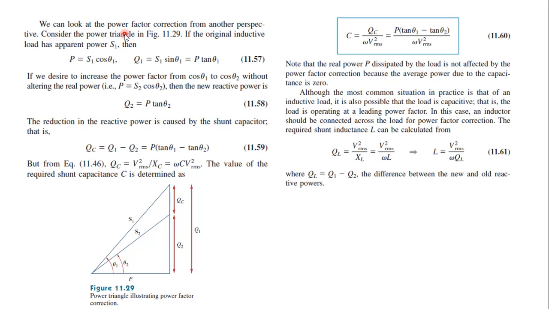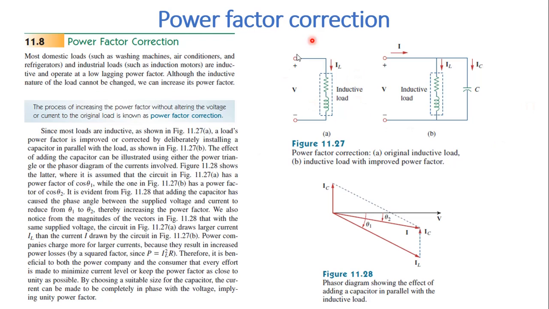So let us consider this power triangle again. We know that P is the real power, Q is the reactive power, and S is the complex power. So if the original load is inductive and it has an apparent power of S1, so S1 is the apparent power of the first circuit.